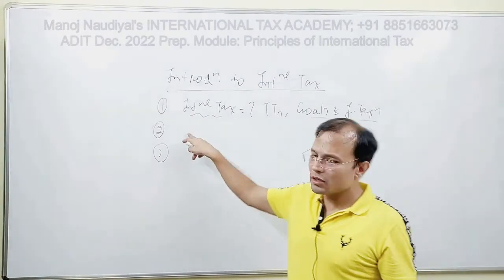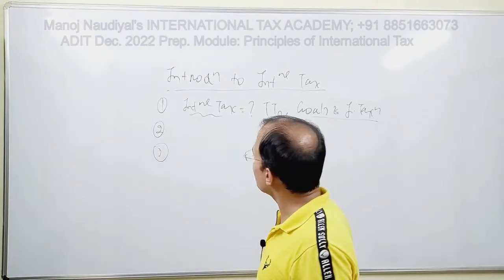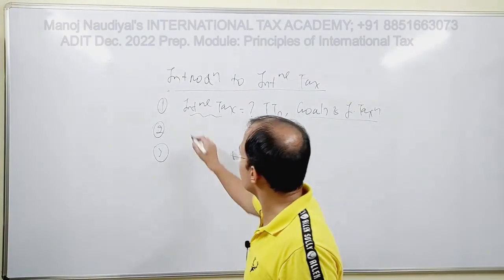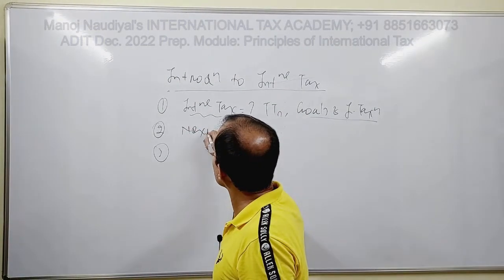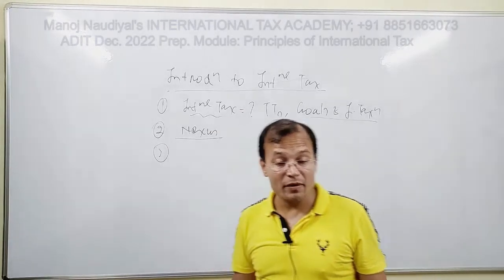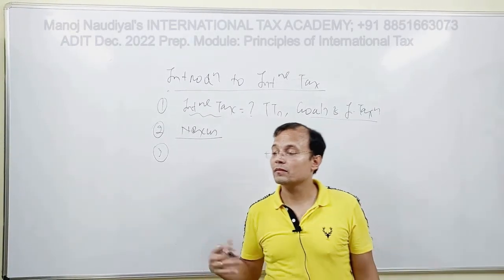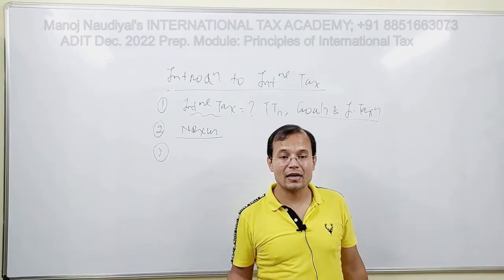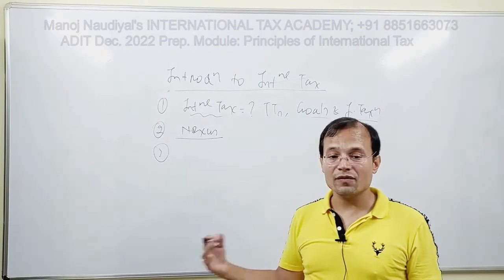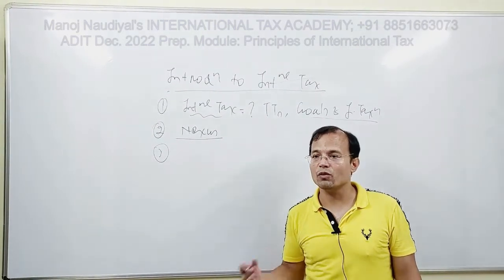The second portion would be your nexus. I don't know whether you have been following this entire sequence of developments that has been occurring in the field of international taxation for the last 2, 3, 4 years.